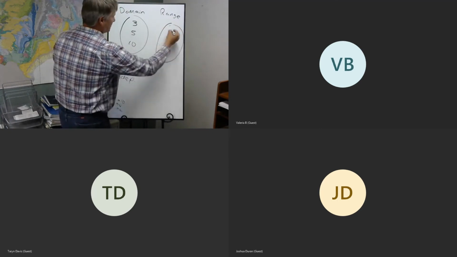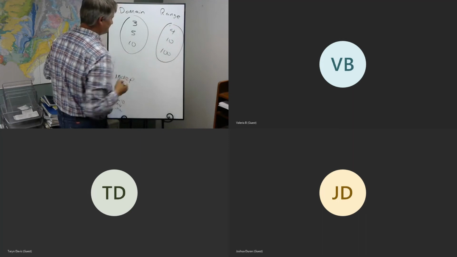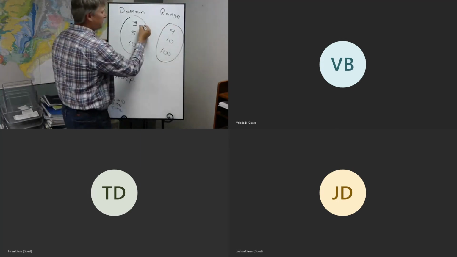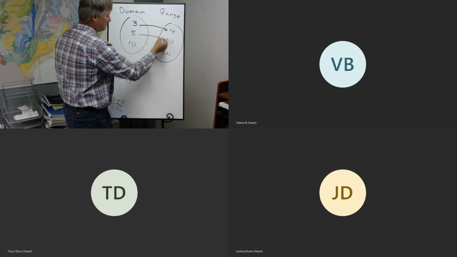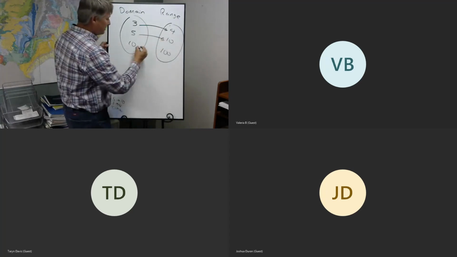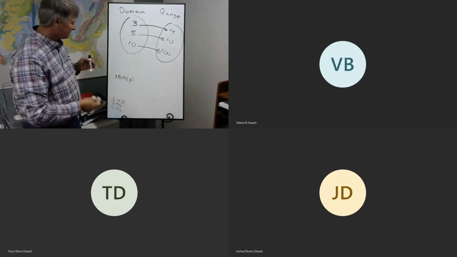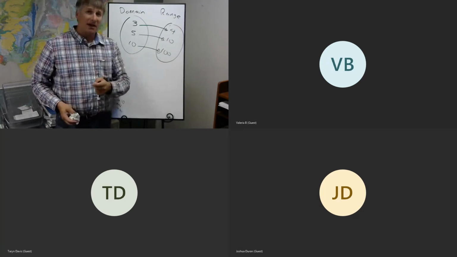And we can list these in order as well, 4, 10, and 100. And in our example, if we input a 3, we got a 4. We input a 5, we got a 10. We input a 10, and we got a 100. So we can represent the inputs and outputs like that.